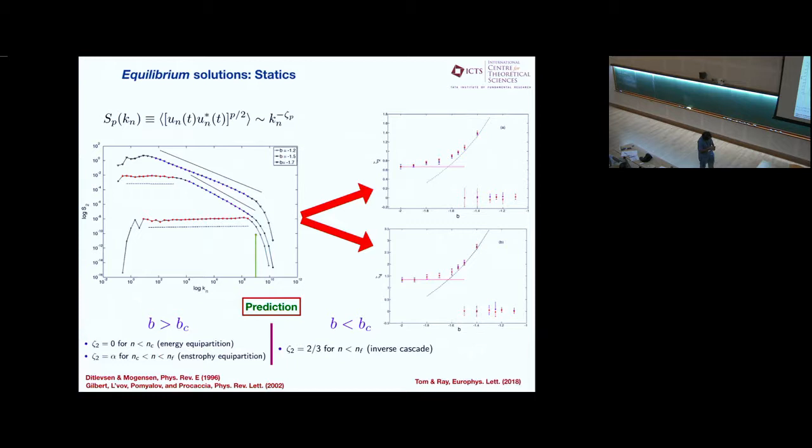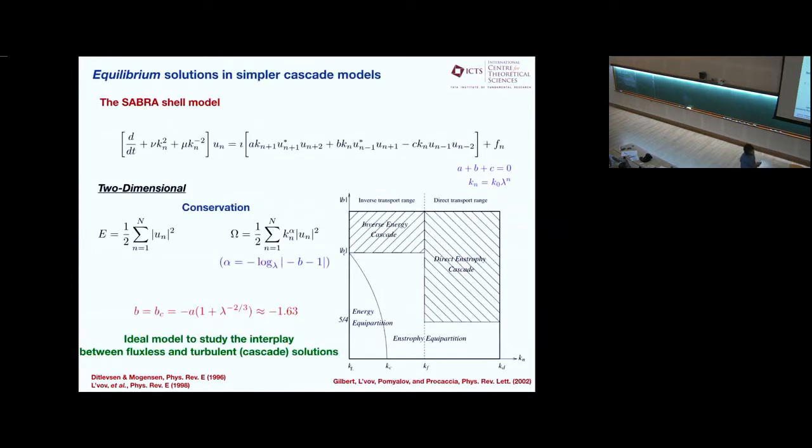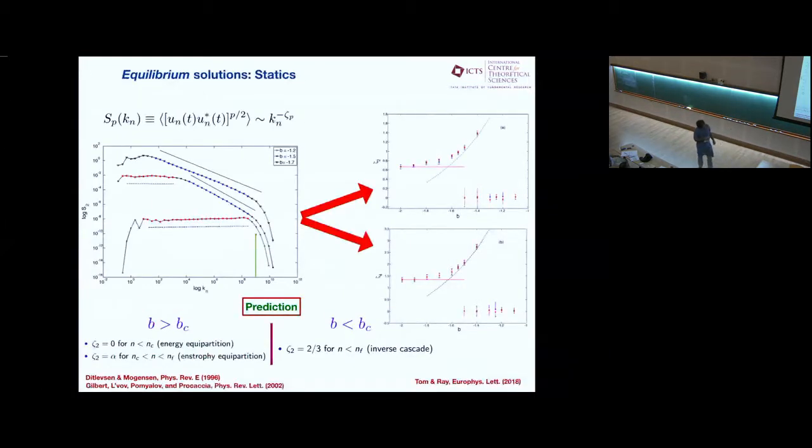All right? And the shell model is very useful because you also tend to see, so for example, here what we did was we measured what's known as the equal time structure function for different values of the single parameter B, which again keeps all the conservation laws intact. And then you see that you end up in the structure function with different scaling regimes.